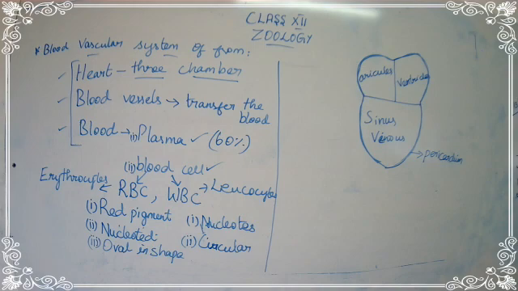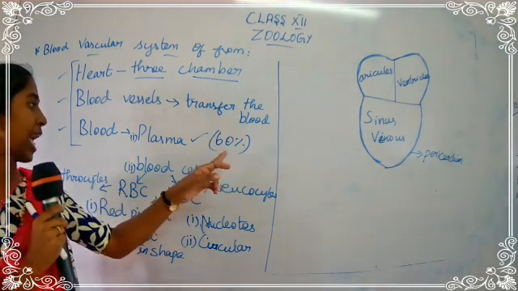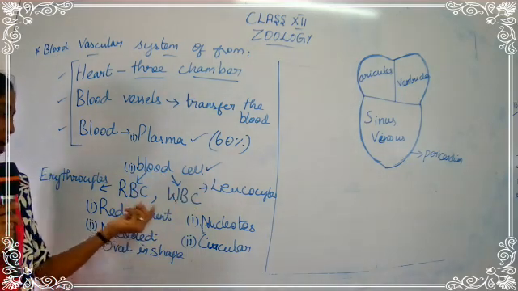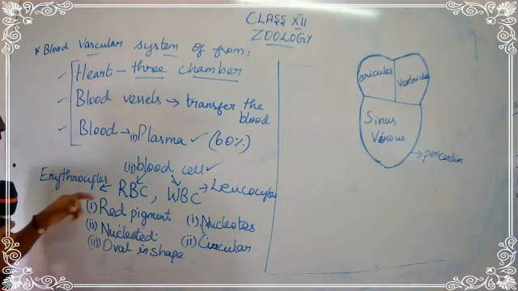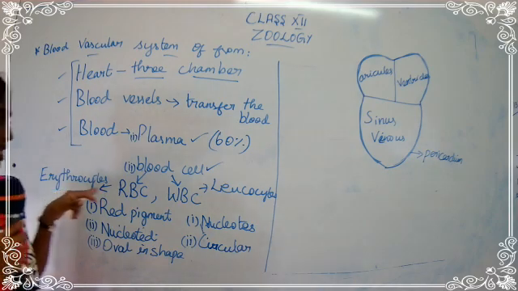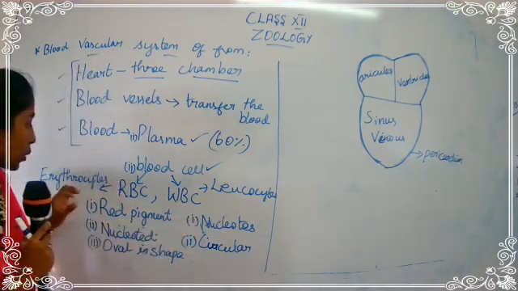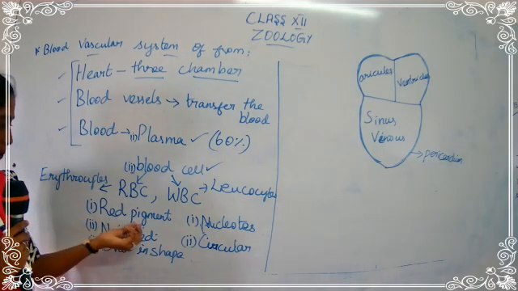Okay. Overall, blood plasma occupies 60 percent. And also blood cells are divided into two types. One is RBC and another one is WBC. So RBC is otherwise called erythrocyte. Likewise WBC is otherwise called leukocyte. And what are the properties of RBC? RBC is loaded with red pigment.